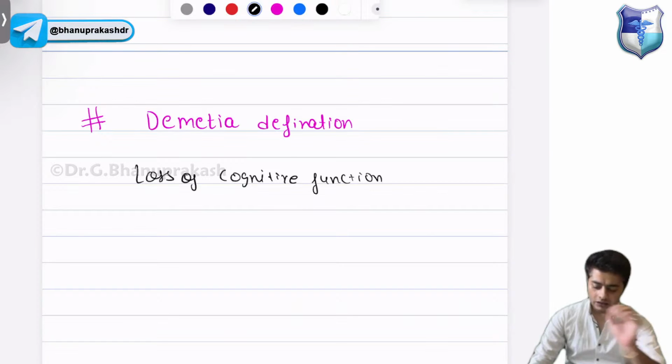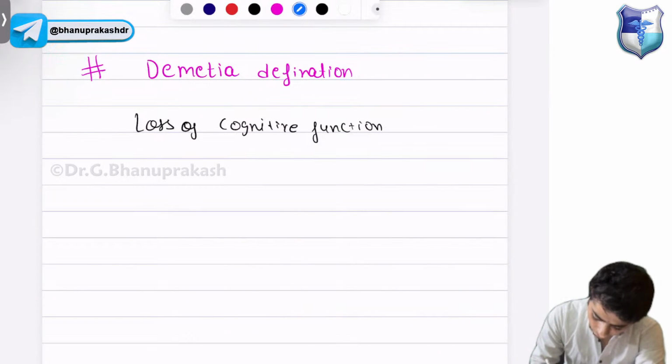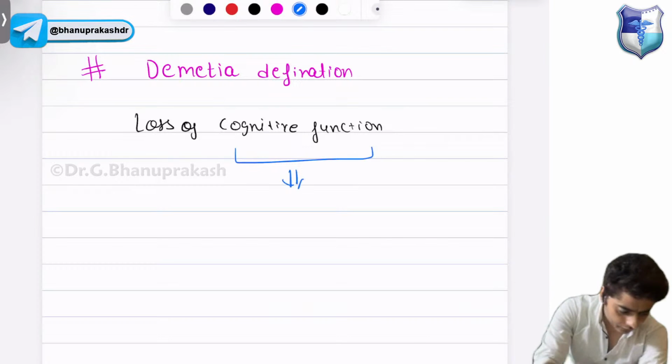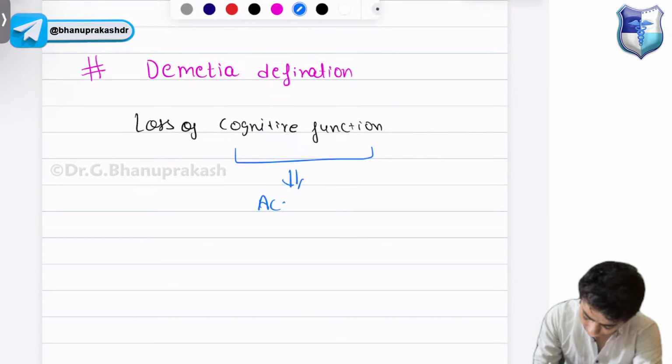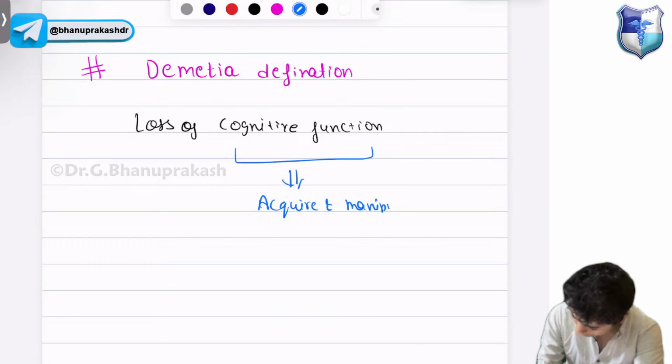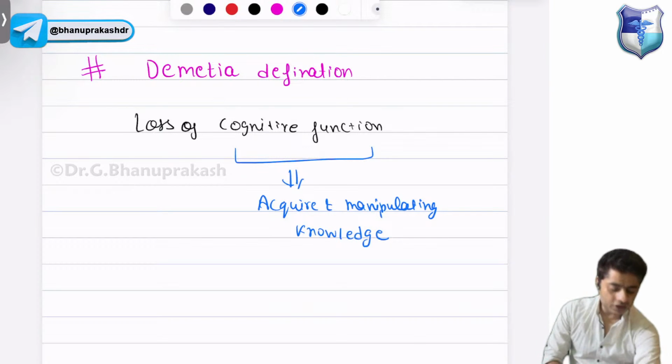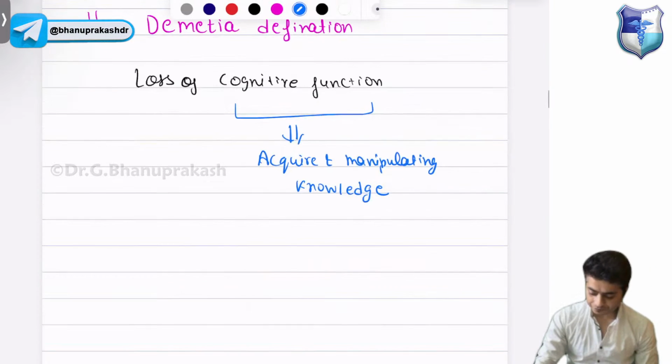So see, what do you understand by the term cognitive function? It is acquiring and manipulating knowledge. No, it's not coordinative action.